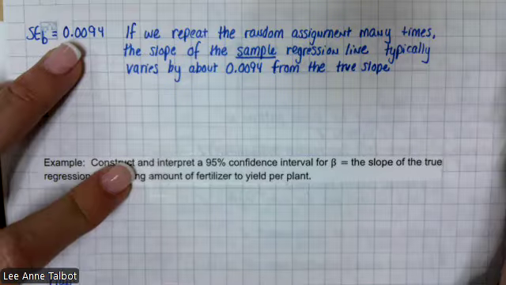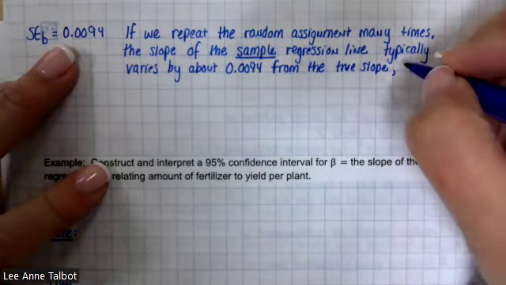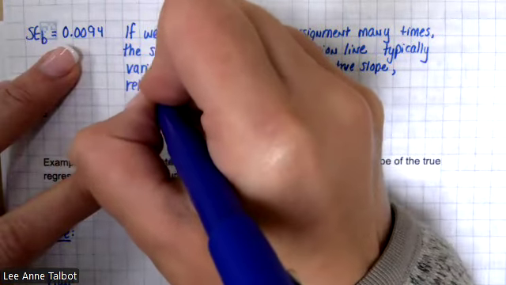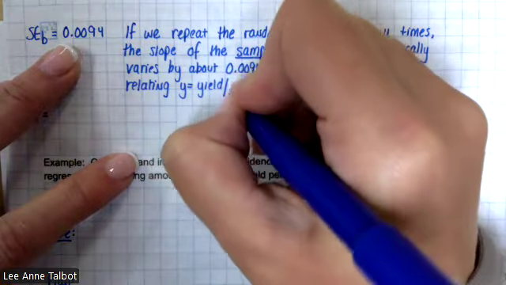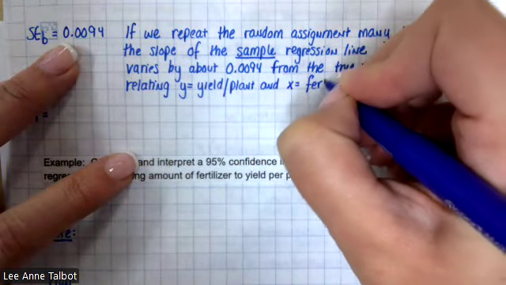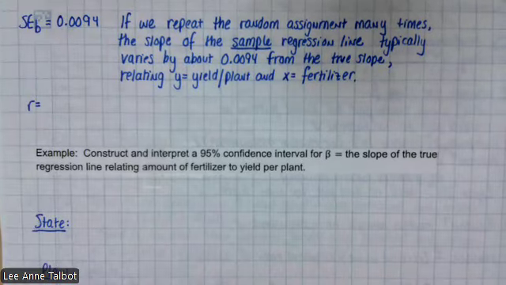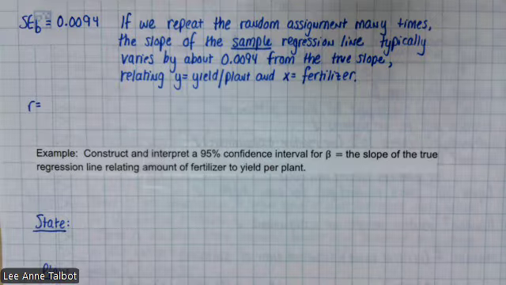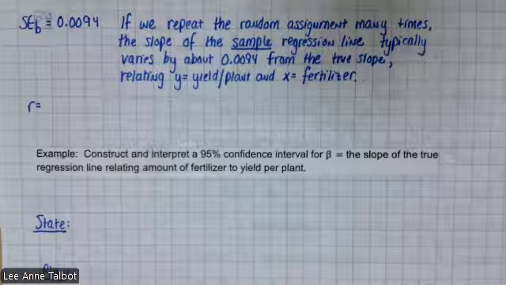By the way, these slopes are going to have weird decimals. Don't be freaked out by that. I think that's a pretty good standard error.